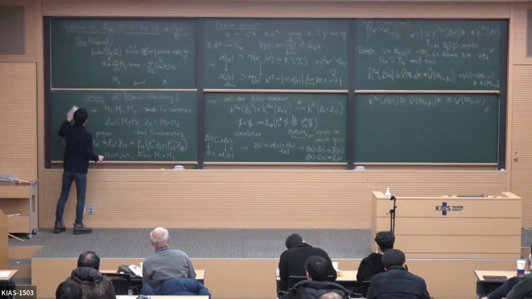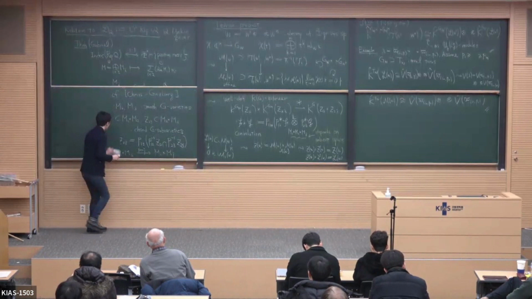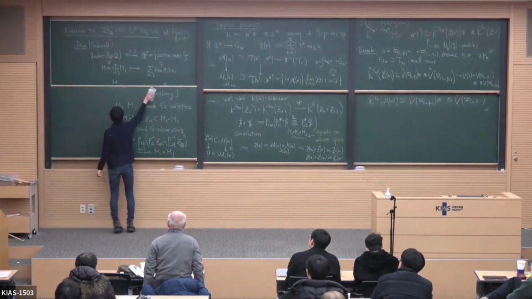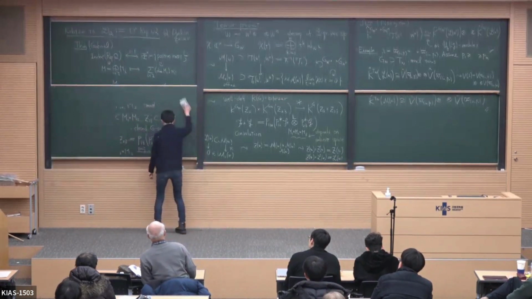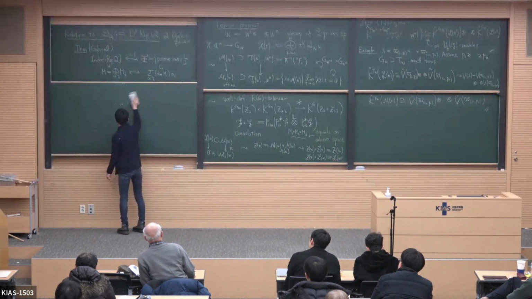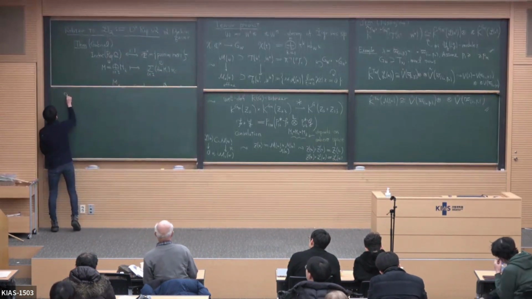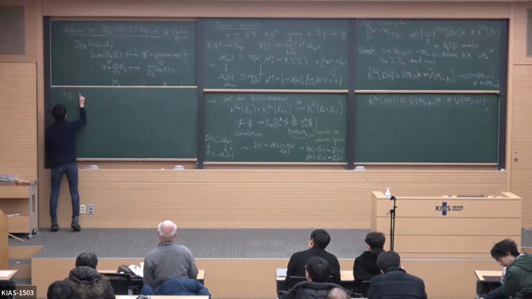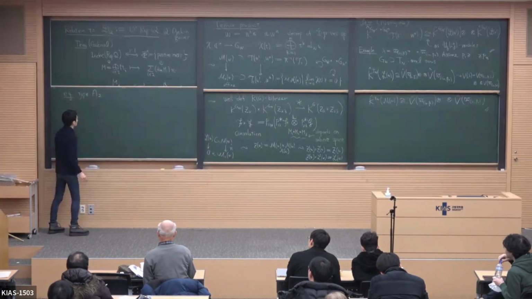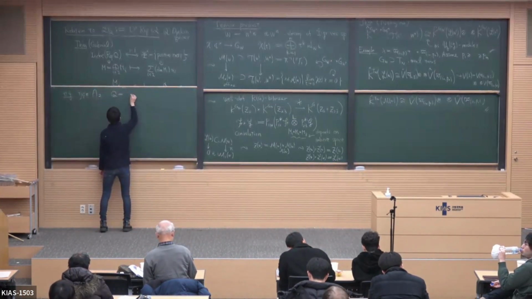So for example, in type A_2 case, let us take Q to be this quiver.